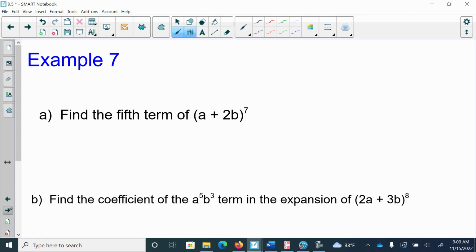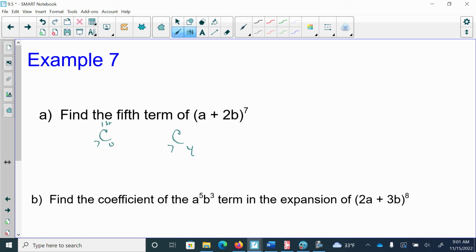So the fifth term, if I go back to this, remember my first term was that combination 7, 0. Do you remember that? That was my first term. So then when I want to do my fifth term, following that pattern, it's going to be a combination 7, choose 4, because I want the fifth term. So this is always one less than the number of the term that you're on.